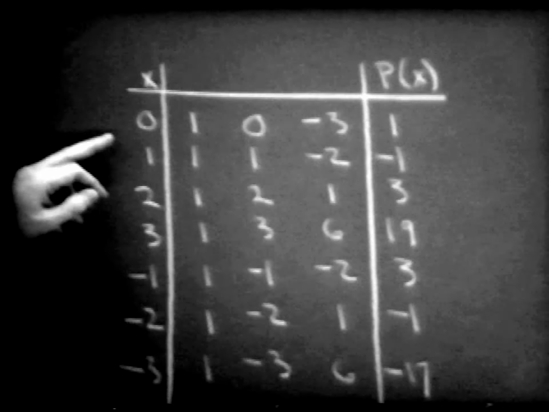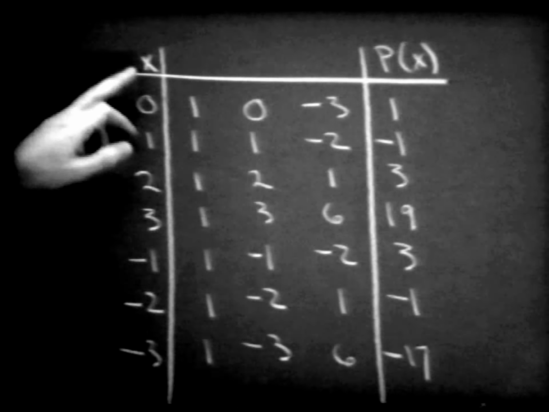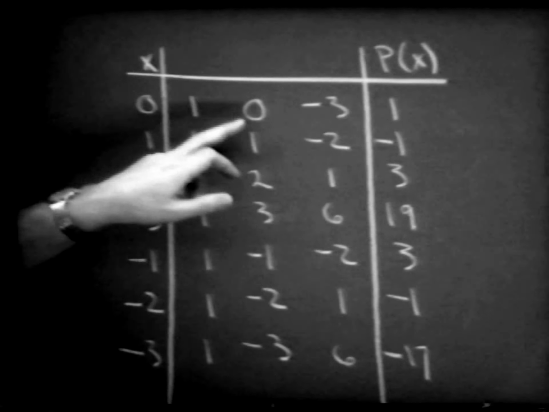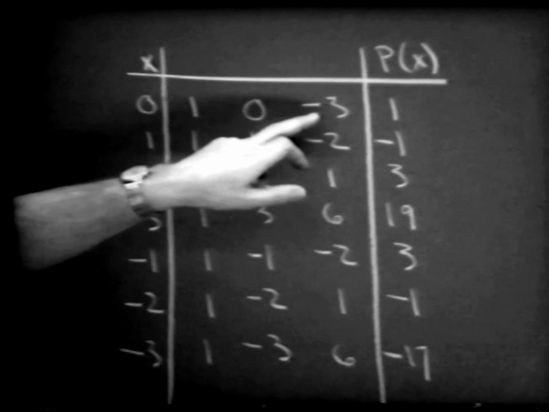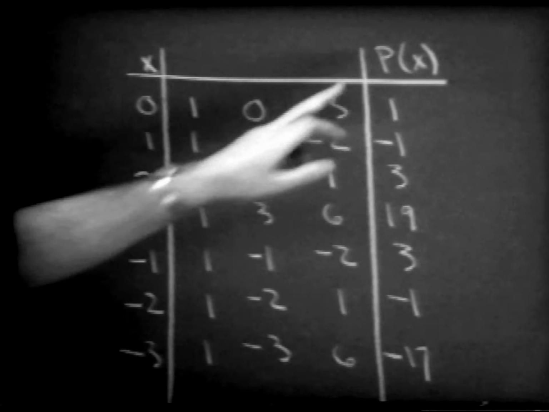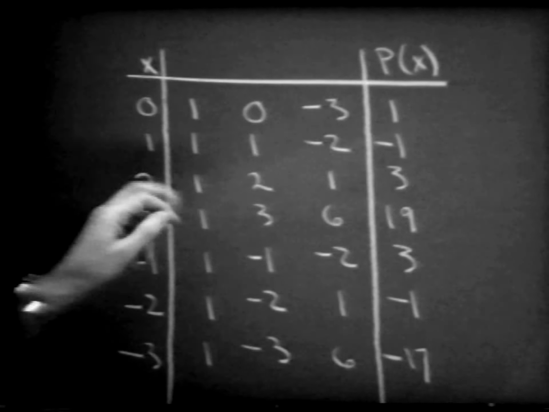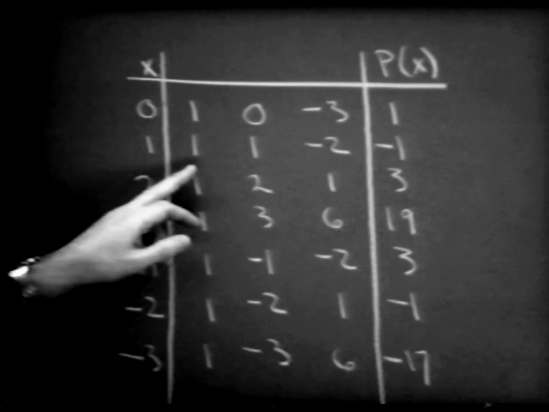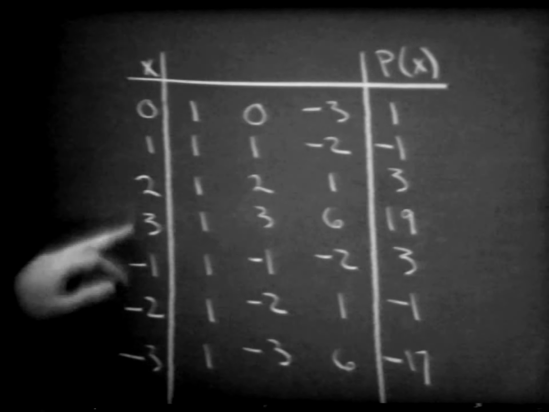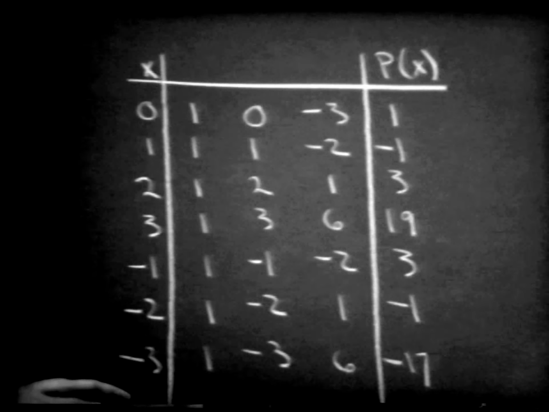Before the lesson started, I made a table in which, from our synthetic substitution method, if x were 0, here are our coefficients: 1x cubed plus 0x squared minus 3x plus 1. So when x is 0, p of 0 is 1. Now when x is 1, if you go through your synthetic substitution, you end up with p of x to be negative 1. And so on. I did this for a number of values.